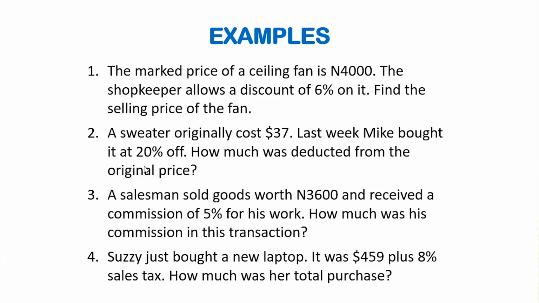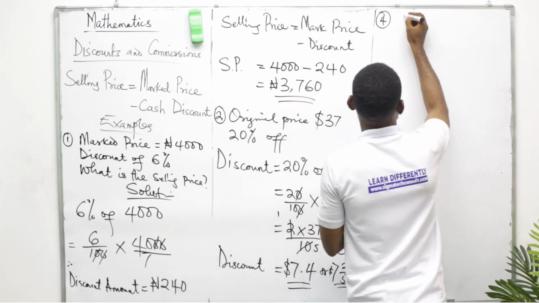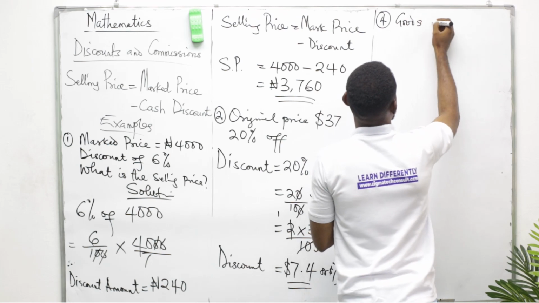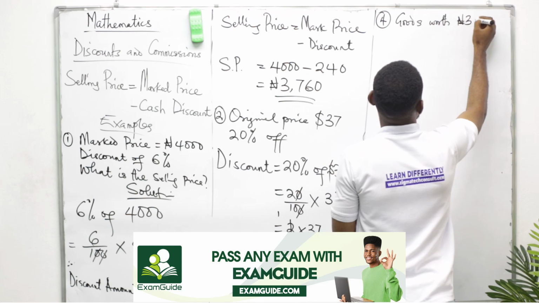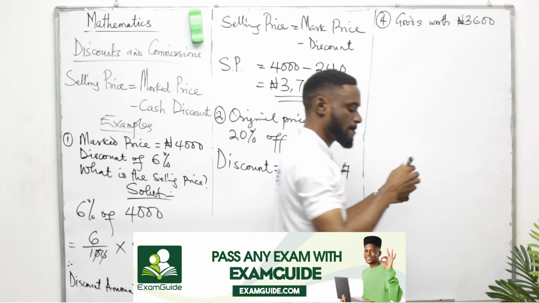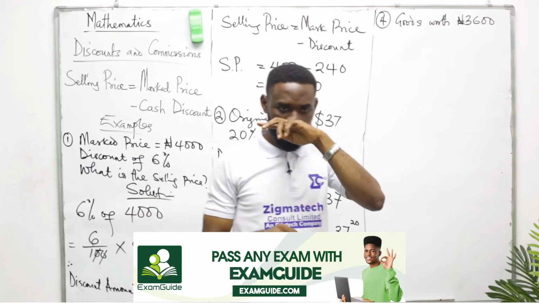Number 4, talking about commission now. This man sold goods worth 3,600 naira. That is the worth of the goods, okay?